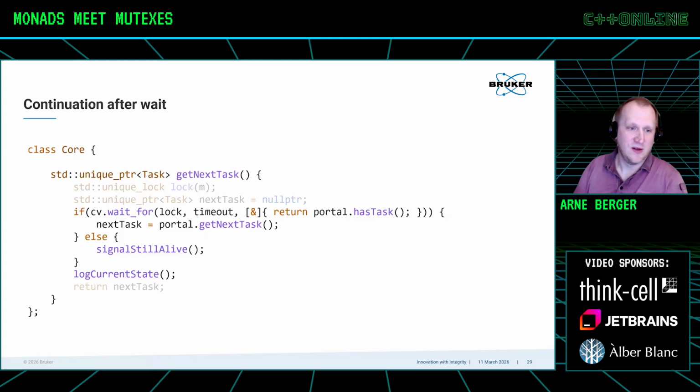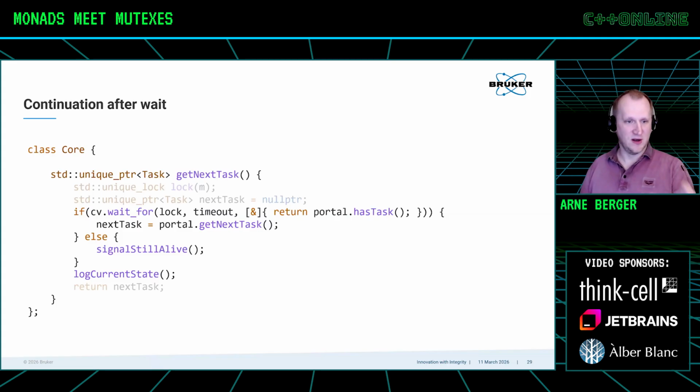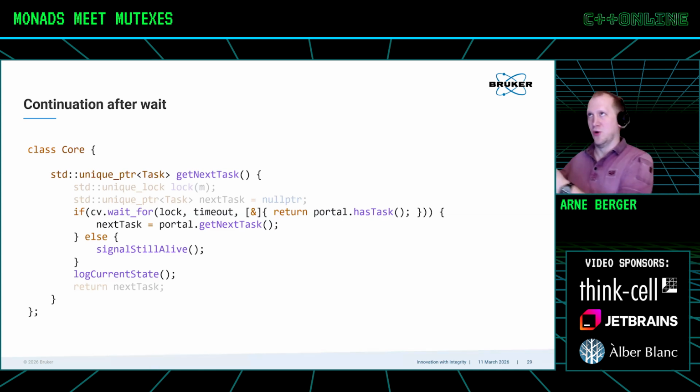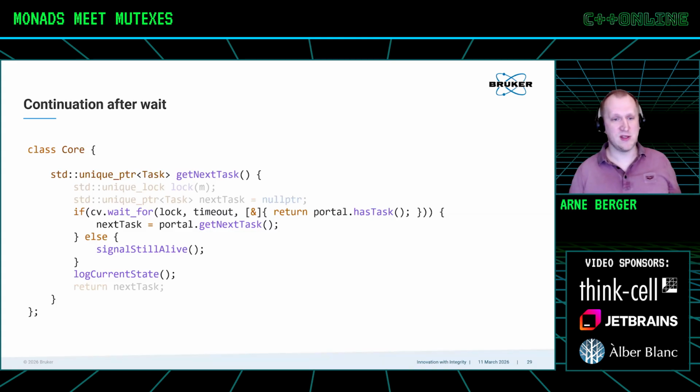If you wait for the condition variable, you pass it the lock here in the top line of the if. Underneath it will unlock the lock. Then wait, because it needs to allow modification from another thread. But when it returns, the lock is again locked.